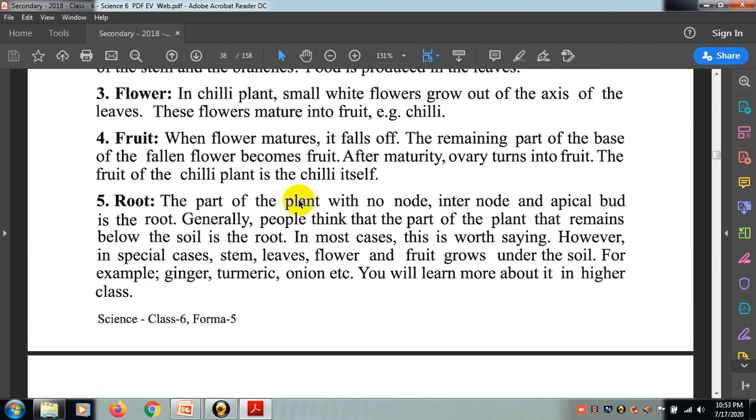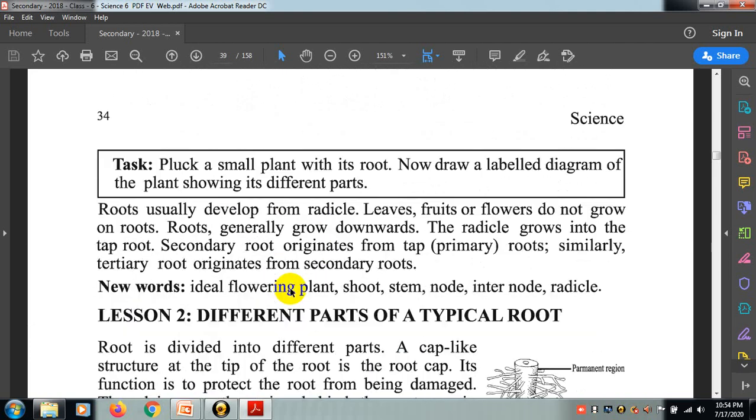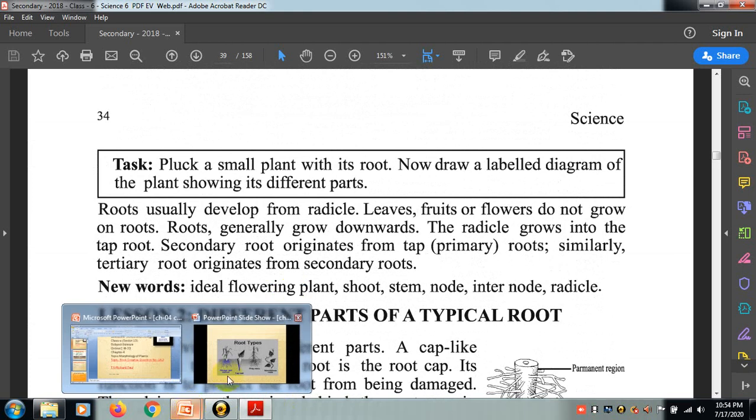Generally, people think that the part of the plant that remains below the soil is root. In most cases, this is true. However, in special cases, stem, leaves, flowers and fruits grow under the soil. For example, ginger, turmeric, onion, etc. So this is also part of a root.